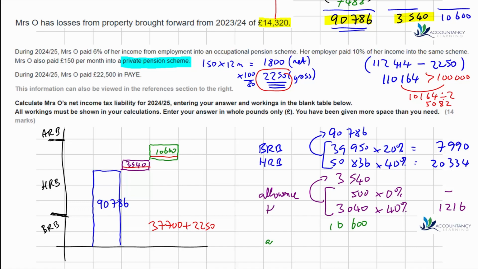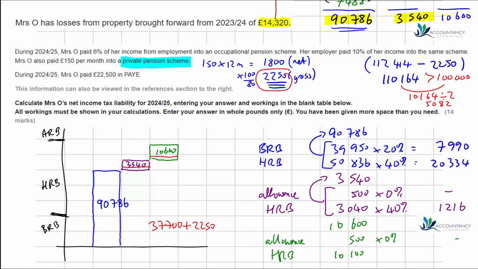This is the higher rate band, isn't it? And then we have our allowance. So that is, again, 500, which is tax-free. And then we're still in the higher rate band, aren't we, for the remaining 10,100. Okay, so what is the tax rate for the dividends at the higher rate band?